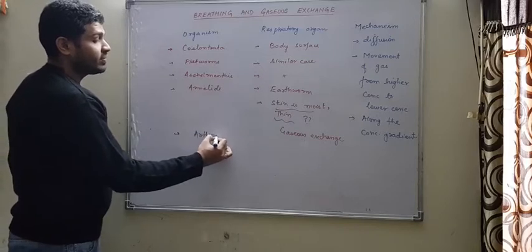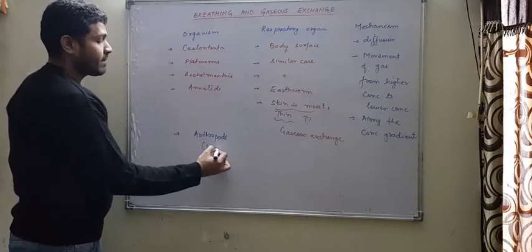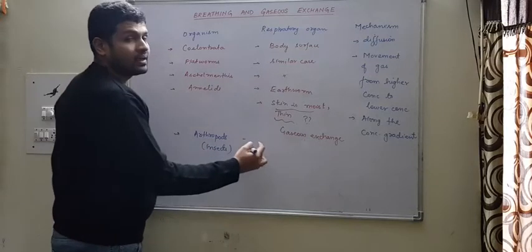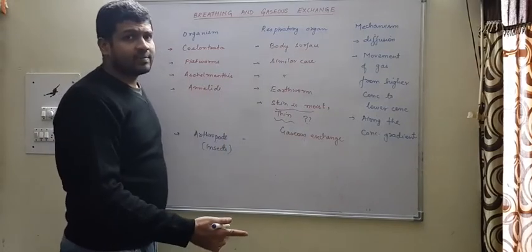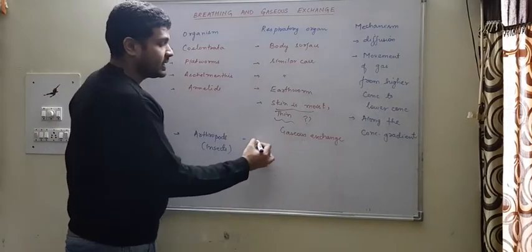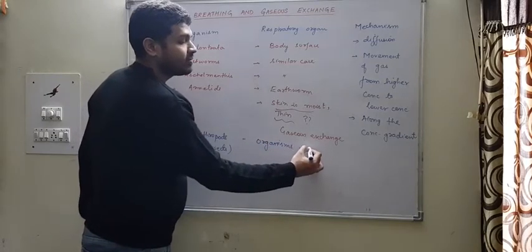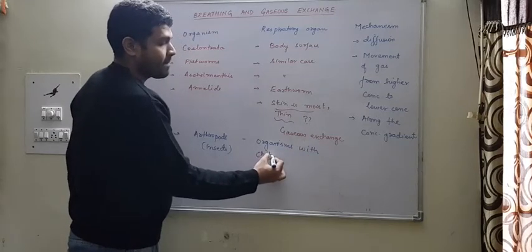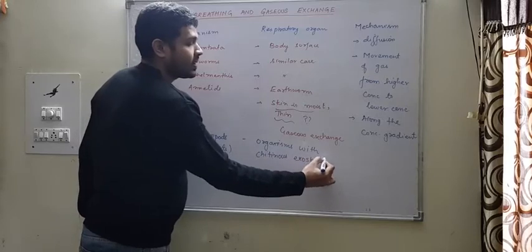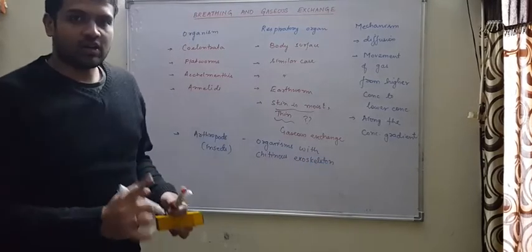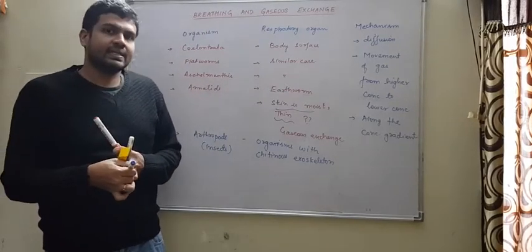In case of arthropods, mostly insects, these are organisms with a chitinous exoskeleton.